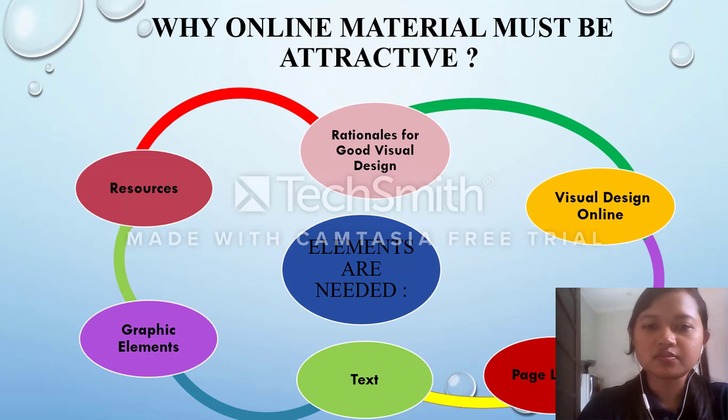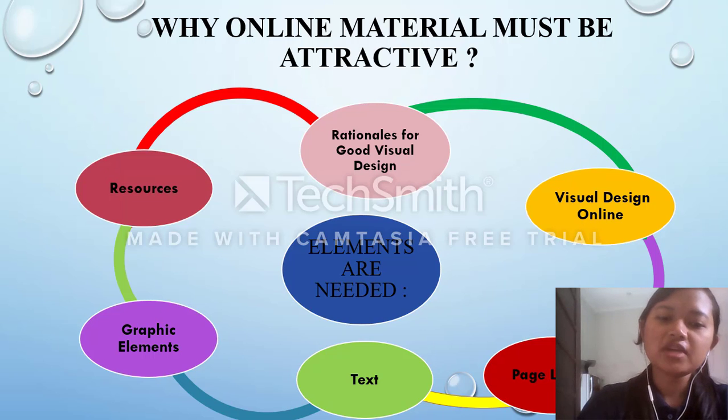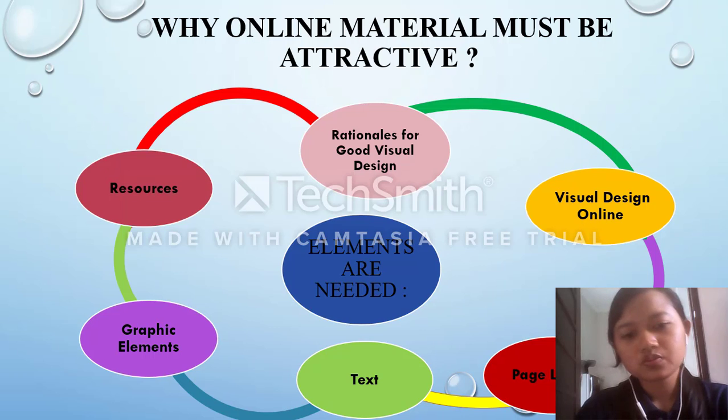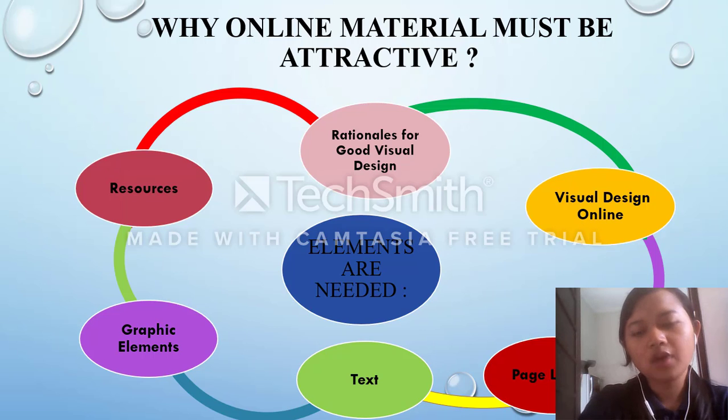And the next is text. When information is presented in its most basic form, it's easy to draw attention to the aspects that are important. For example, in a block of text, emphasizing a word or phrase is a matter of changing one attribute such as color, typeface, or style.